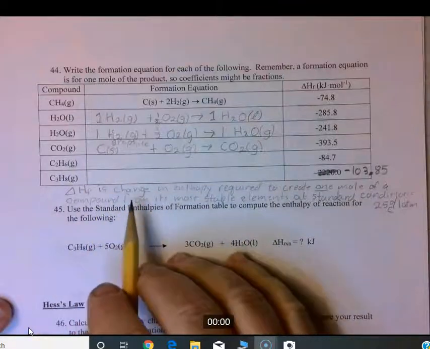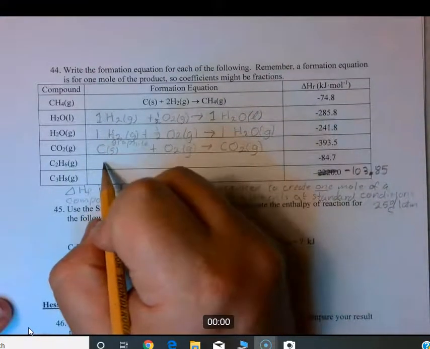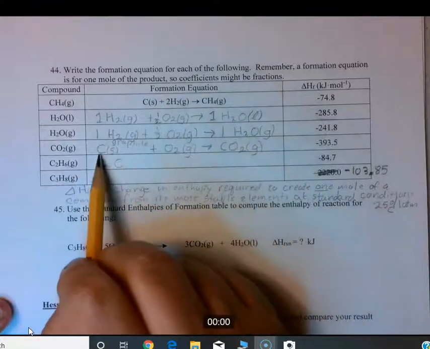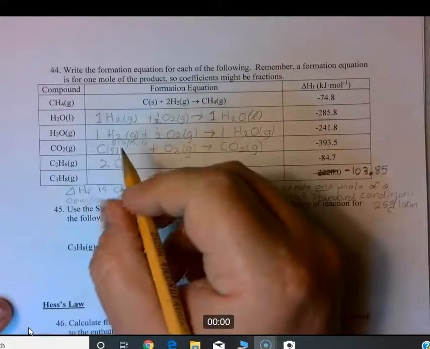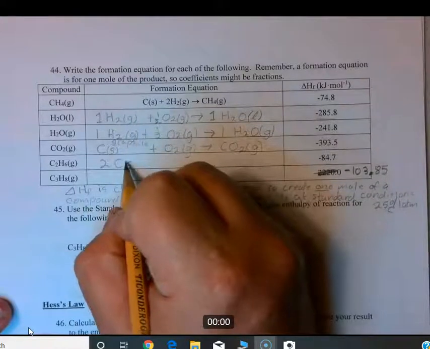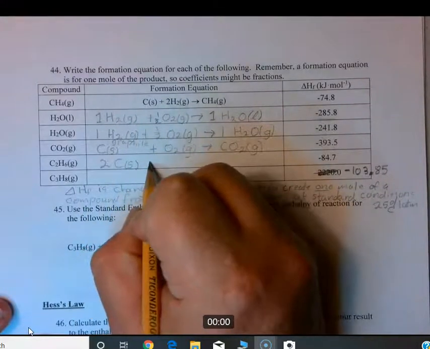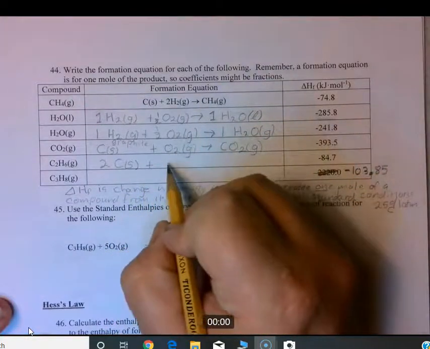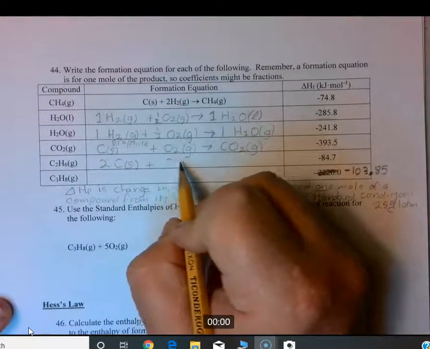Okay, C2H6, also a gas, so it's 2 carbons. And carbon in its most stable form is just a single atom of carbon. Same thing, solid form, graphite, plus hydrogen's most stable form is H2.